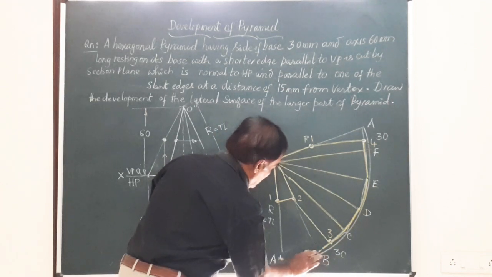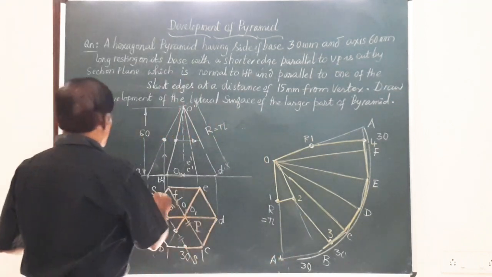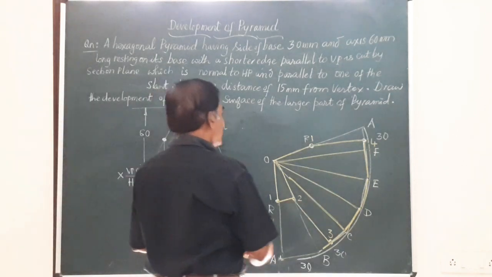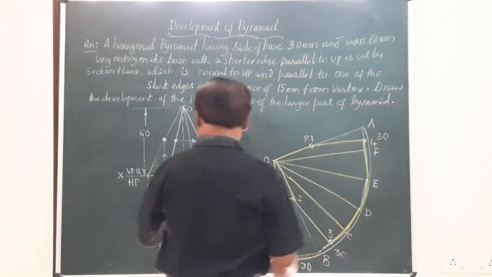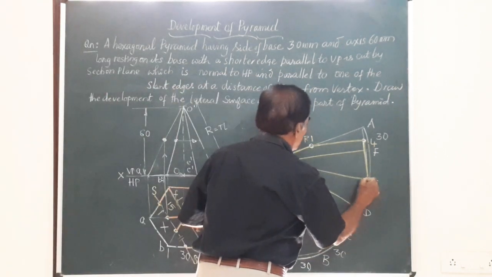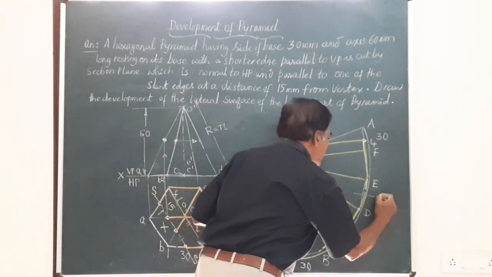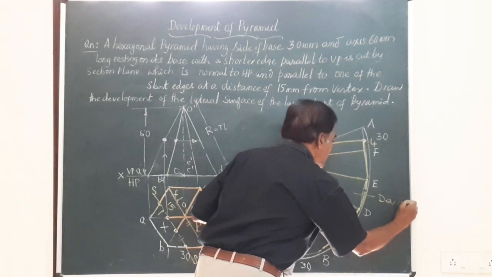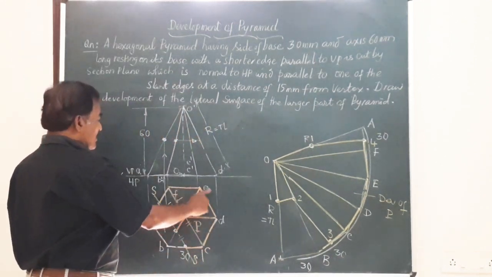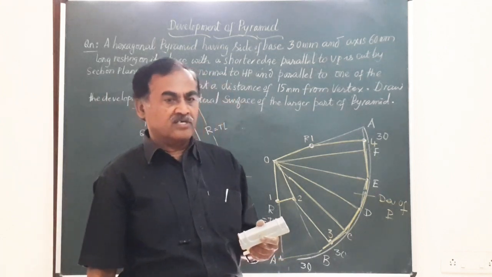So you will not have this, simply will show by a very thin line. And because the portion below this is removed, OB and OF. OF also you can see here. OF is full, that's right. So this will give you the complete projection, that is development, and mark it as the development of P. Development of P, that is the portion of the solid, that is the larger part of the lateral surface of the pyramid.